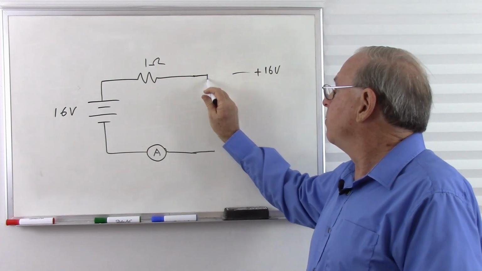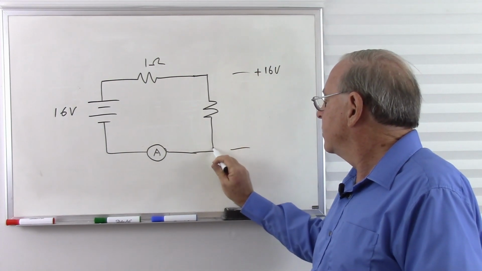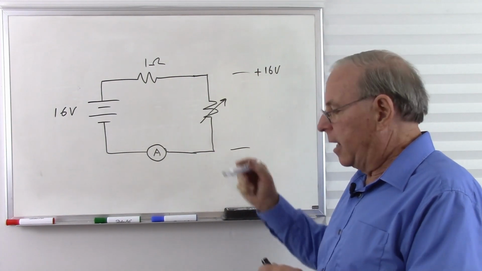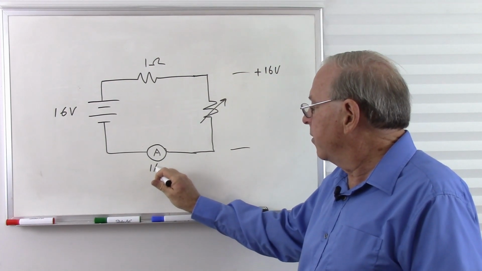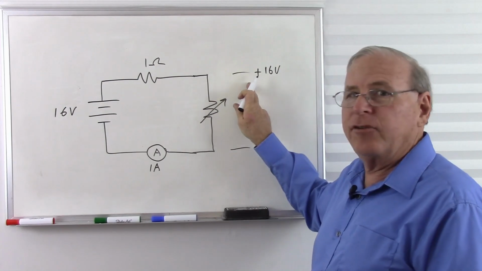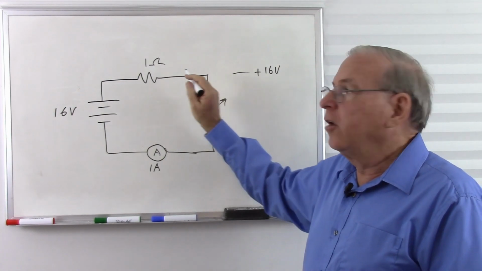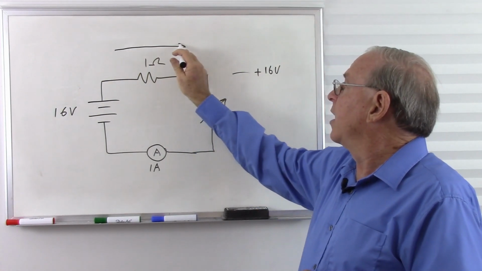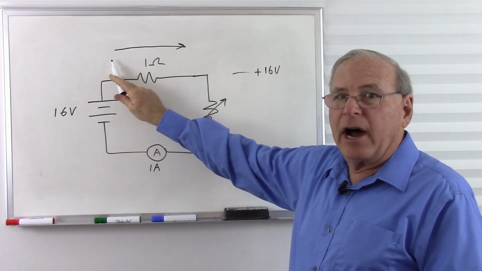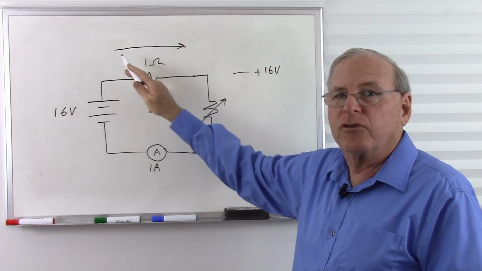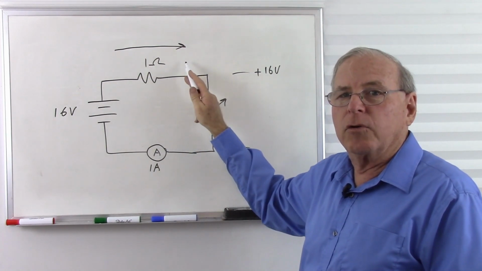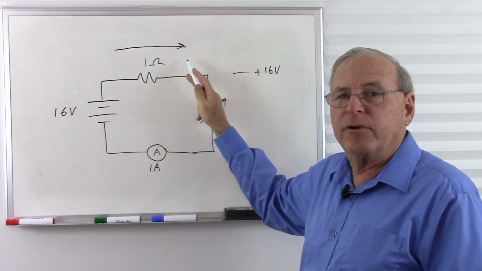Now let's put the load back and adjust that load until we have 1 amp of current and see what happens to the 16 volts. So we have 1 amp traveling this direction, and we're going to have a higher voltage here and a lower voltage here because you always have the higher voltage where conventional current enters the resistance and the lower voltage where the conventional current exits the resistance.